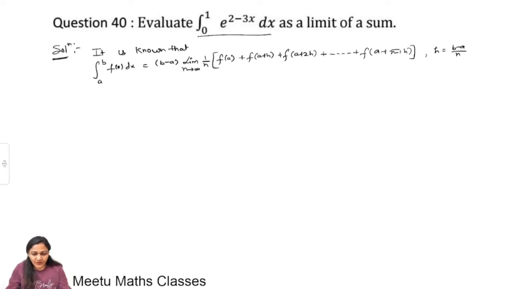This is the formula for the integral as a limit of sum. Now to use this formula, we have the integral from 0 to 1 of e raised to power 2 minus 3x dx.